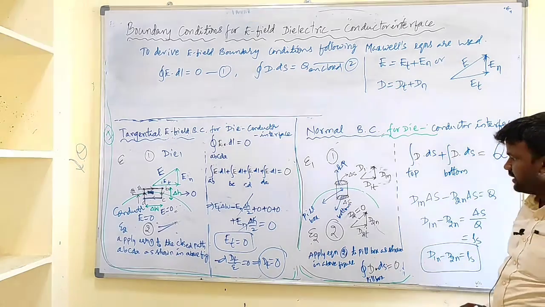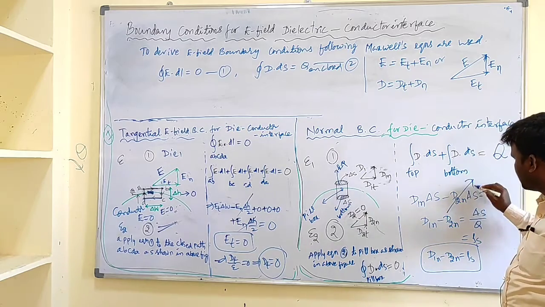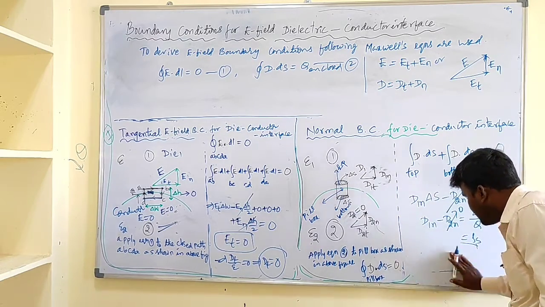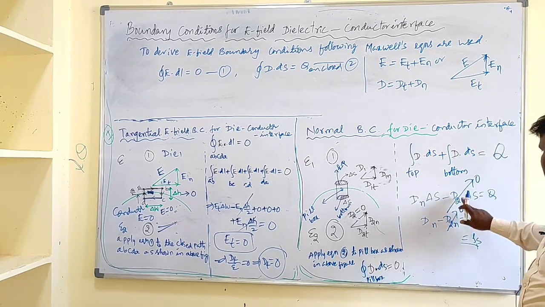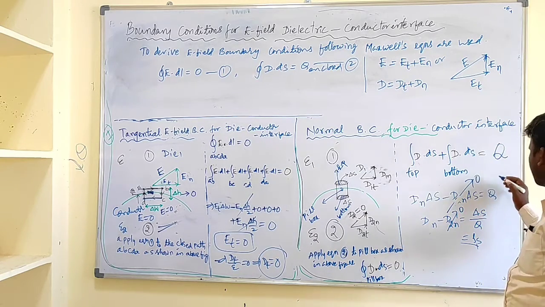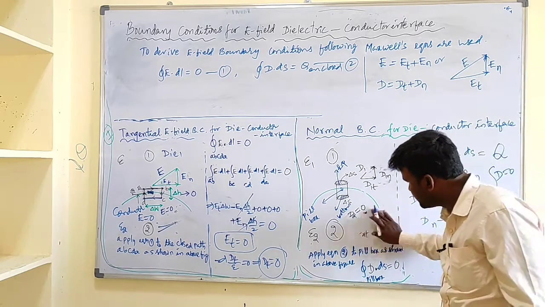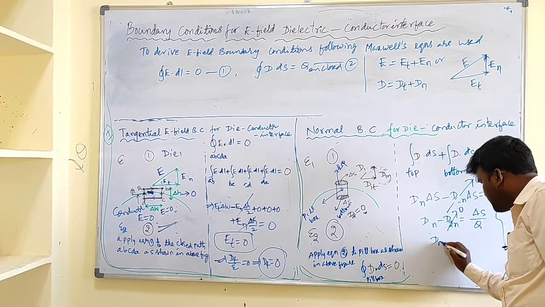Of course, one thing is clear: D2 is 0, since D is 0 for the second medium, so D2n is 0. As there is only one component, I can consider Dn instead of D1. So we can write Dn equals rho s.